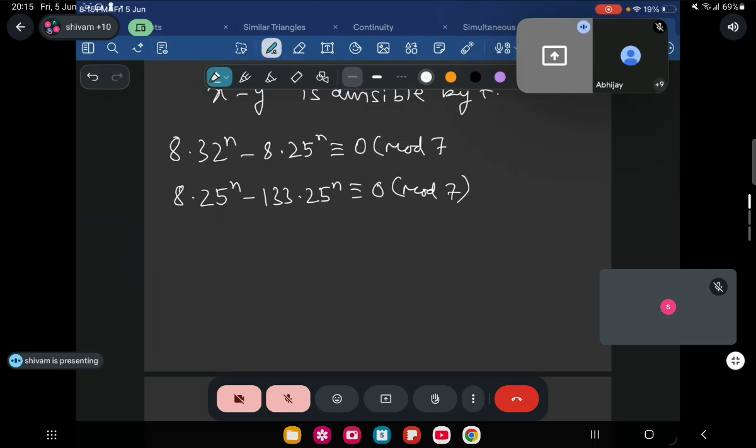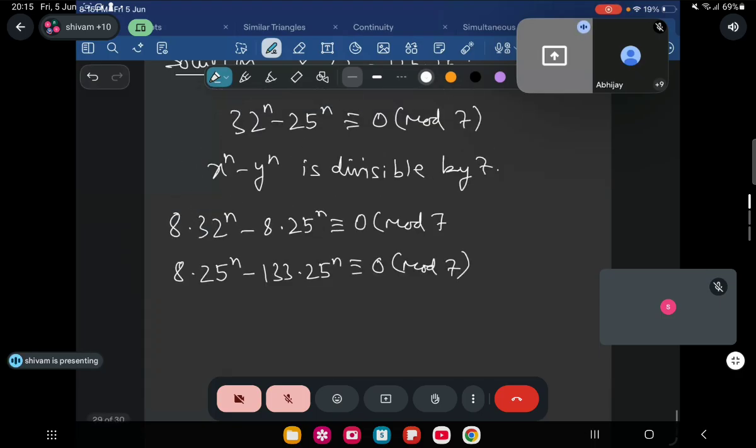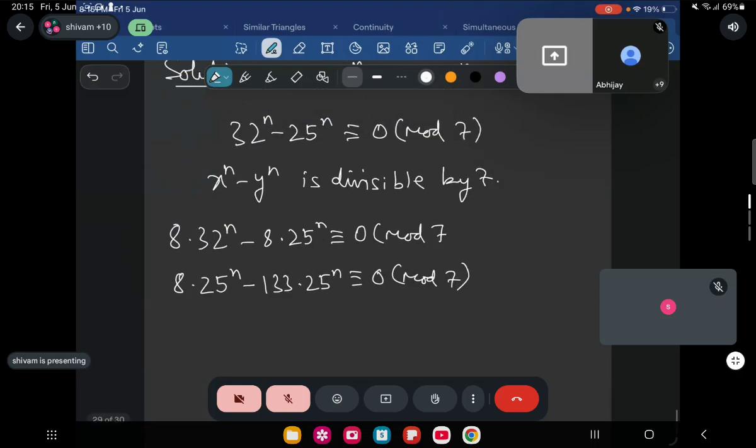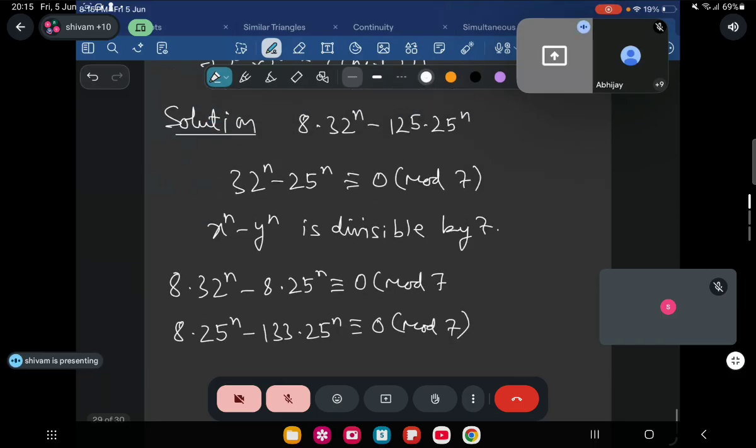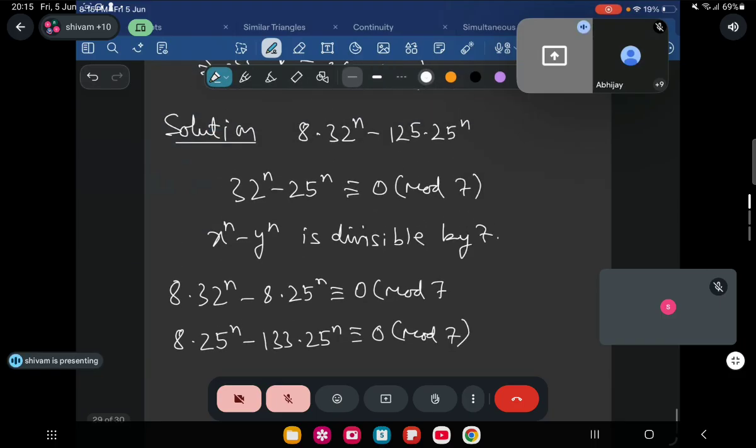Anyways, you see, what I'm saying is, what is 8 minus 133? Acha, I should have written something else. Let me see. I need 125 into 25 to the power n, right?